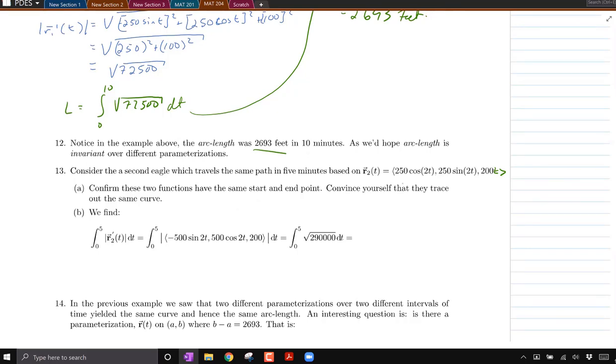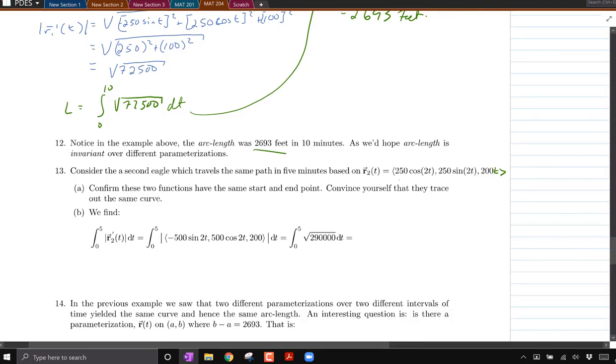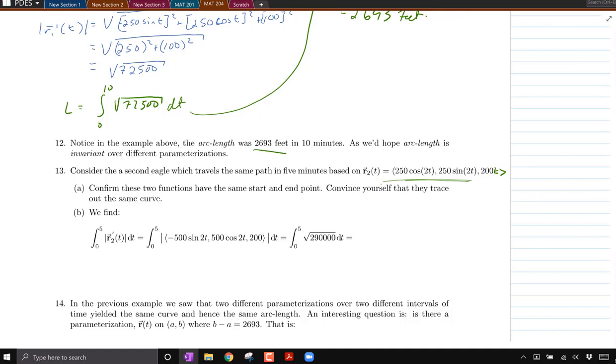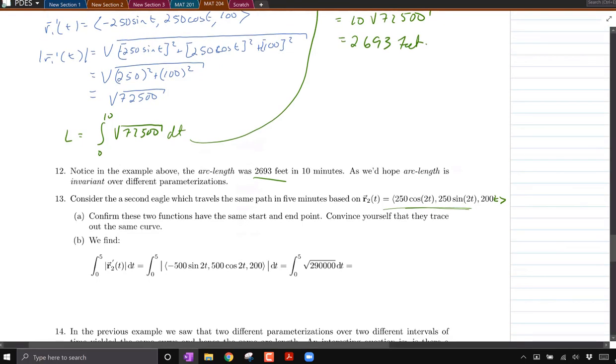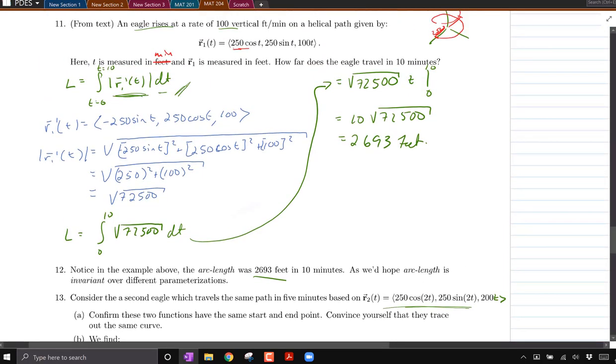First of all, if you were to look down the z-axis on this, you would see that it looks like this eagle's flying in a circle again. Again, of what radius, folks? 250. Okay.